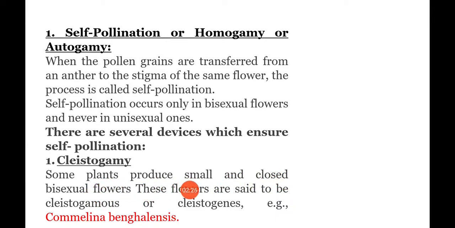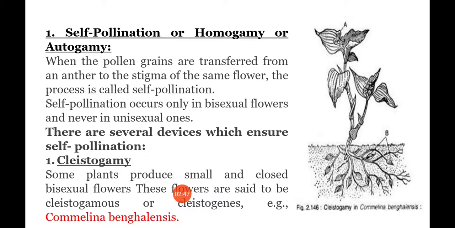They produce small sized, closed bisexual flowers, so that self pollination occurs. Flowers are always closed, stamens and stigma are present within the flower, so that pollen grains reach the stigma of the same flower. Example, Commelina bengalensis. In this, small flowers are present, they are bisexual flowers, and self pollination takes place.